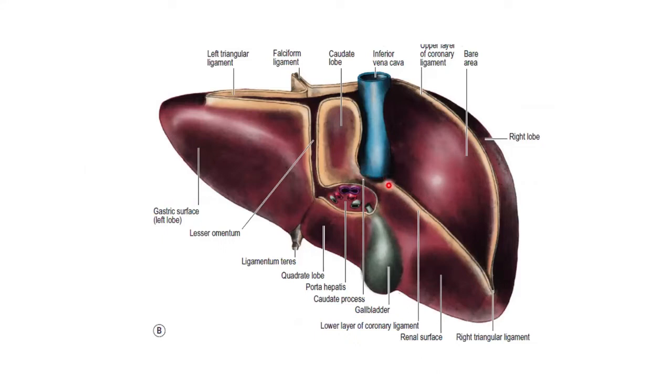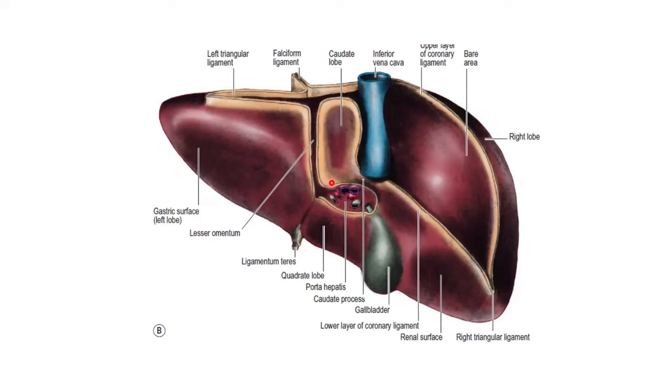This travels anterior to the inferior vena cava and continues. And in this region, you have the ligamentum venosum. It's not marked here, but here you have the ligamentum venosum. And on either side, covering it, you have the lesser omentum, which is again the continuation of the peritoneum.